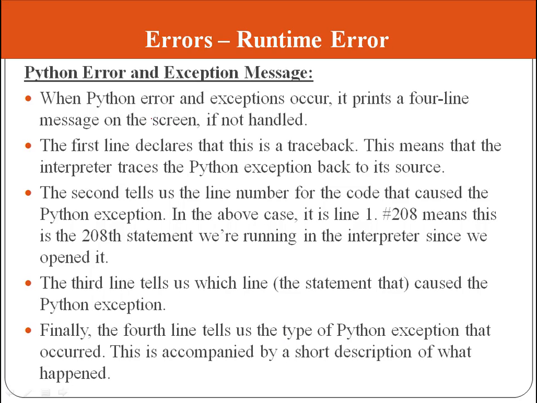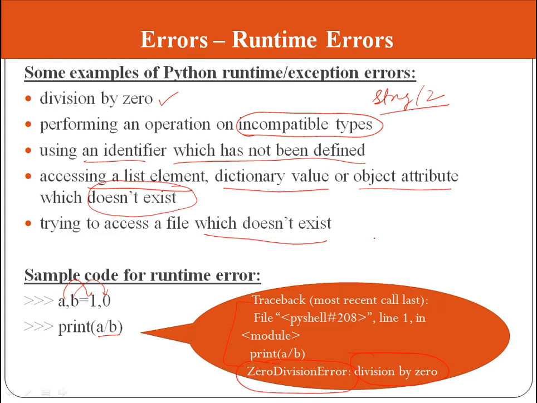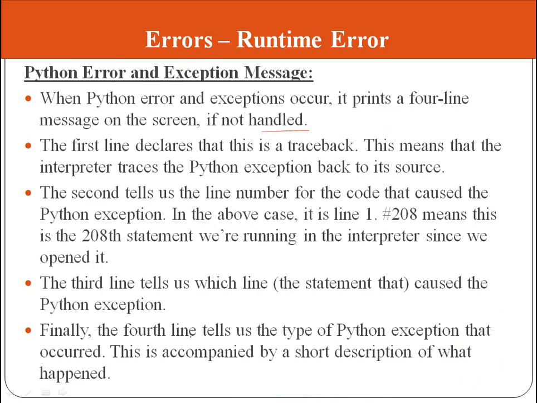When Python errors and exceptions occur, it prints a 4-line message on the screen if it is not handled. Let's see. You can see over here, this is line 1, this is line 2, this is line 3, and this is line 4. This is the 4-line message displayed by Python when an error or exception occurs and is not handled.